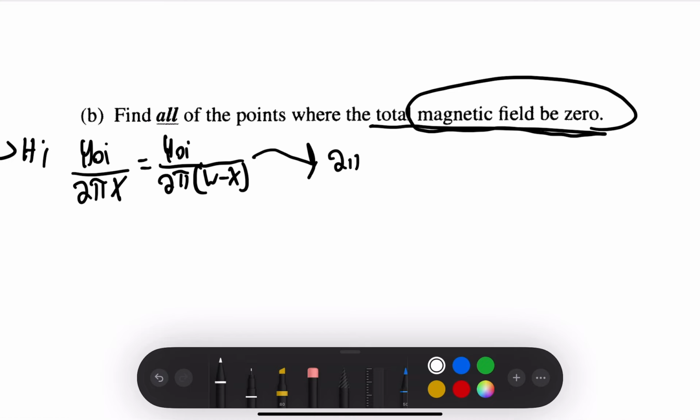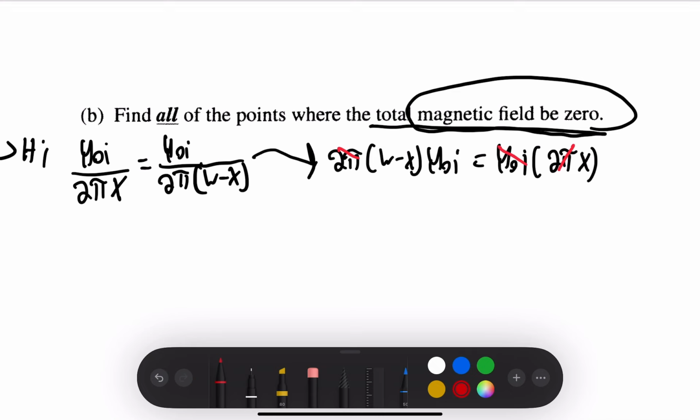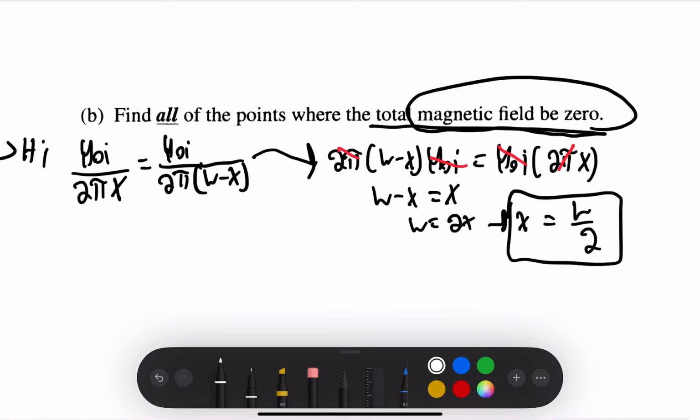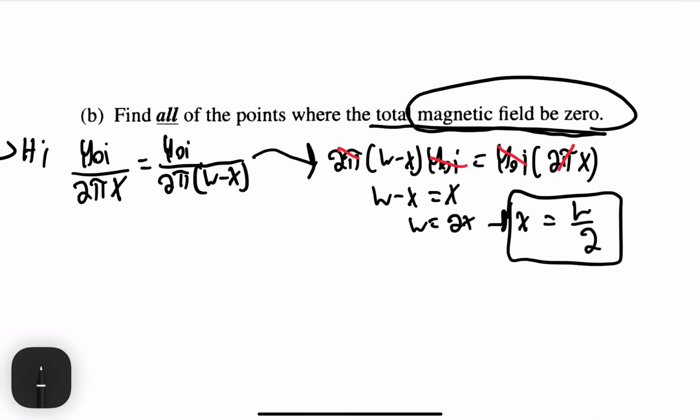So 2 pi w minus x times mu naught I is equal to mu naught I 2 pi x. 2 pi's drop, mu naught I drops, so I get w minus x equals x, w equals 2x, or x equals w over 2. And that is one of these solutions.